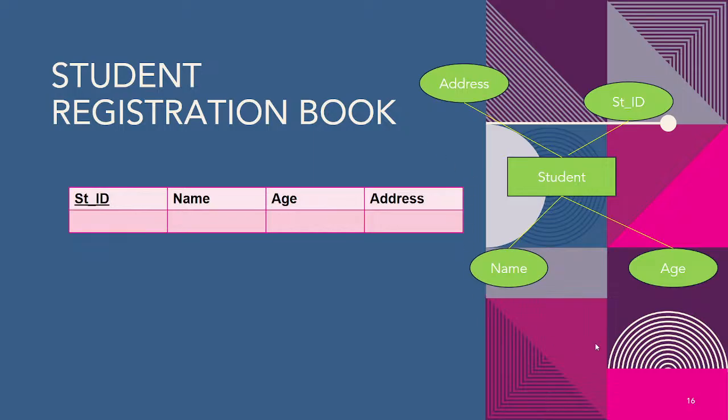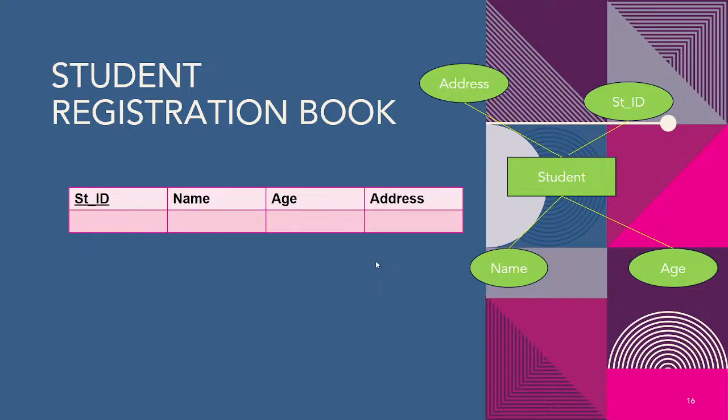This is the logical representation in the ER diagram of a student entity with its properties. When we convert it to a table, the table name will be student, with the table properties.